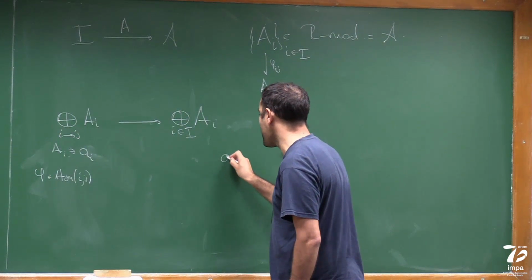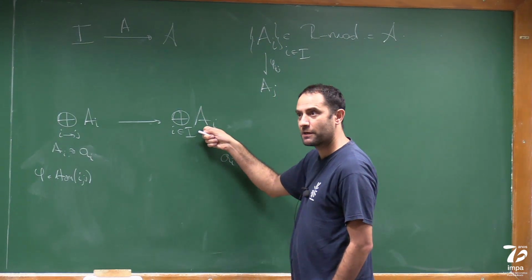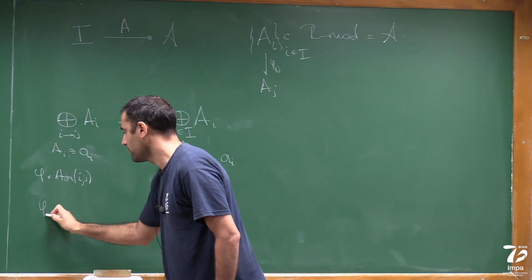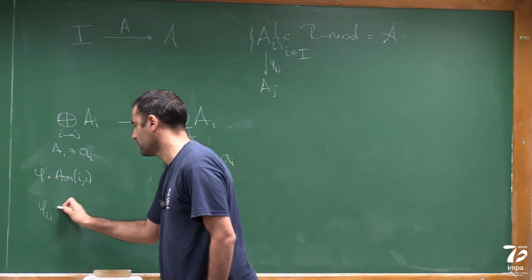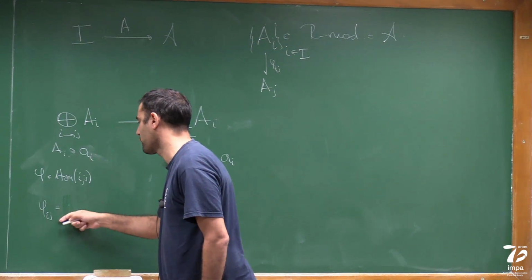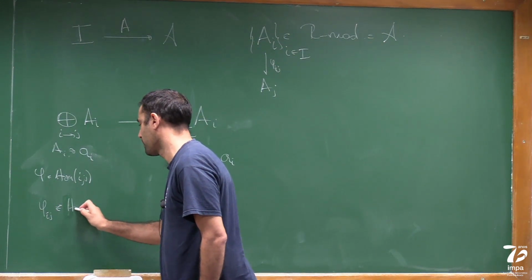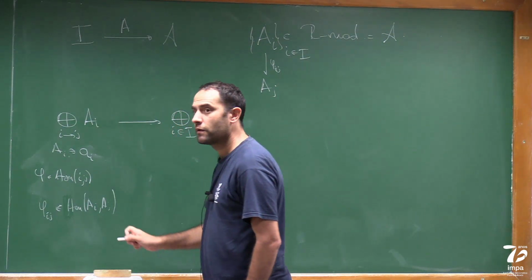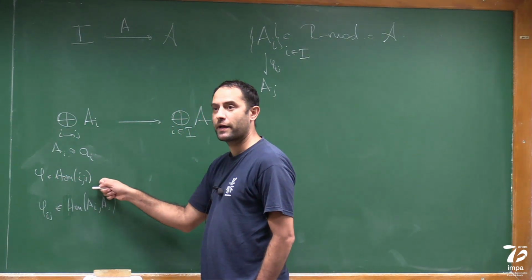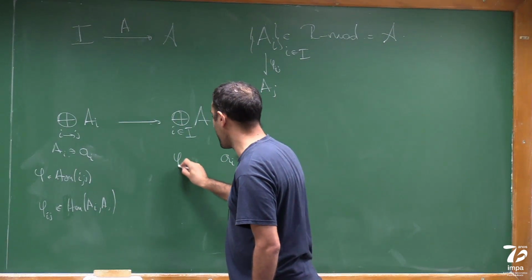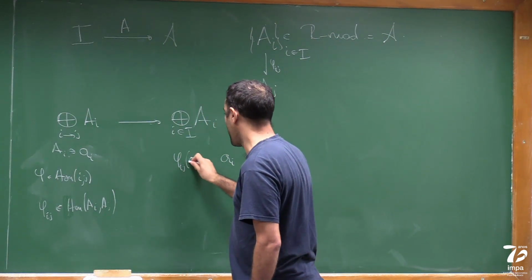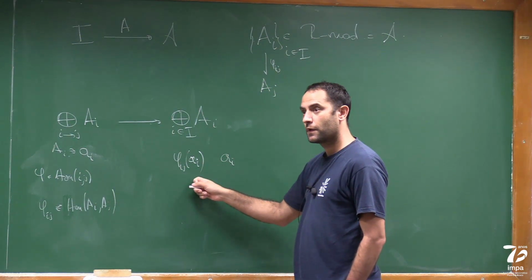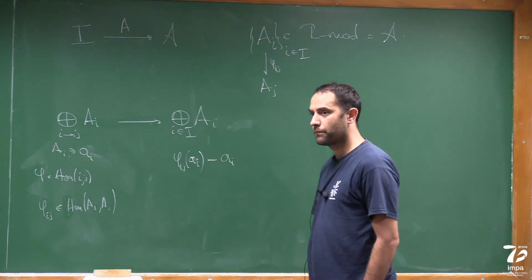I can take a_i, which is in one of the summands, or I can take phi_ij of a_i, the corresponding morphism from A_i to A_j that I get from the arrow phi, and this is in A_j now. I can take the difference between these two.